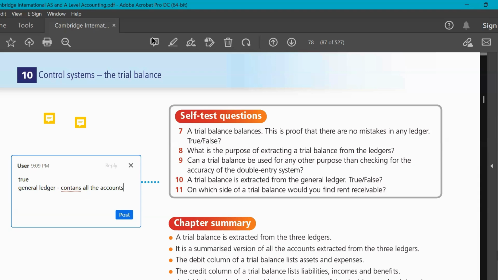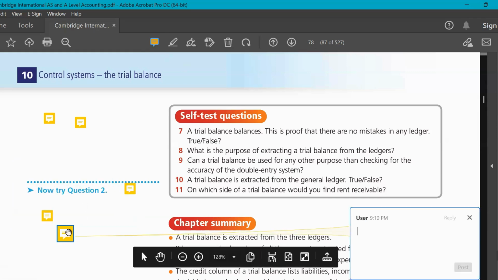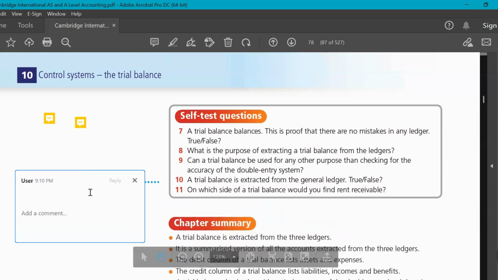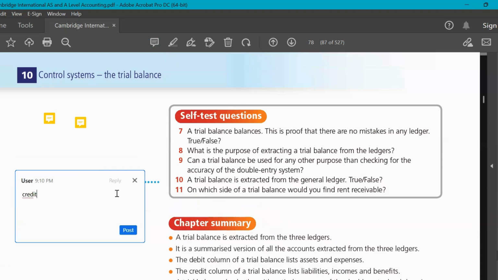And the next question: on which side of the trial balance would you find rent receivable? You know that receivable is usually on the debit side, since it's an asset, but you have the word rent.